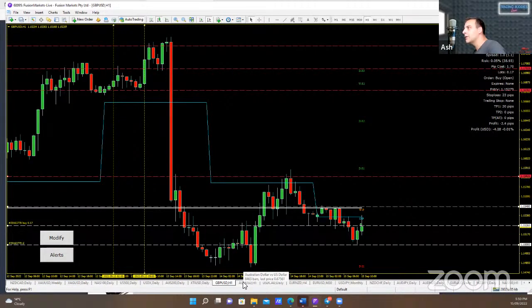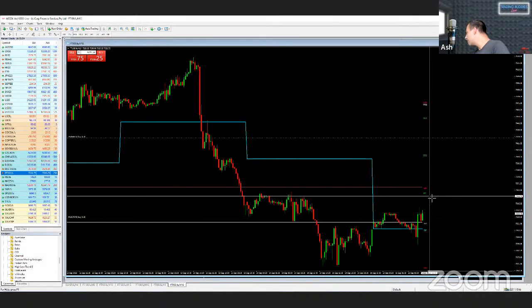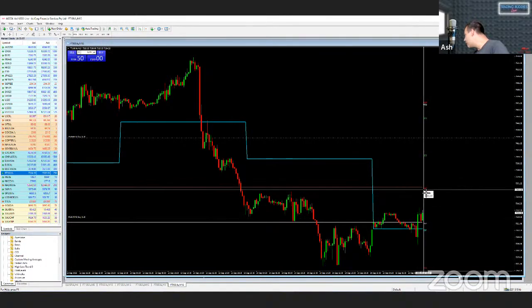Now we've been triggered into this FTSE trade. So this is where we are on the FTSE now. A little bit of upside so far. The monthly pivot is just a bit higher.